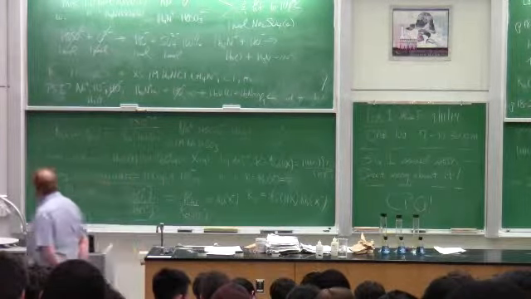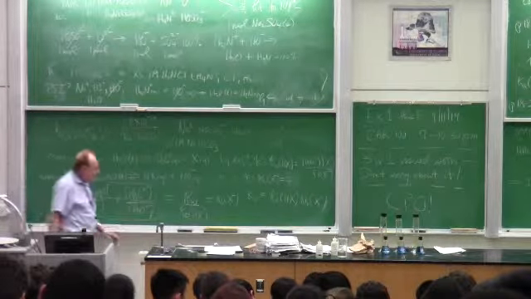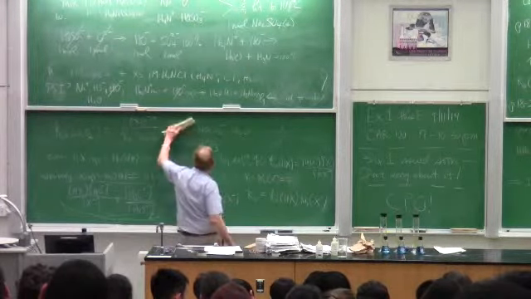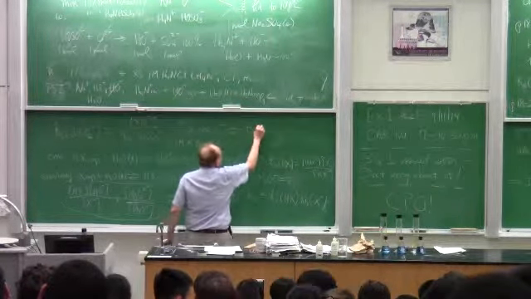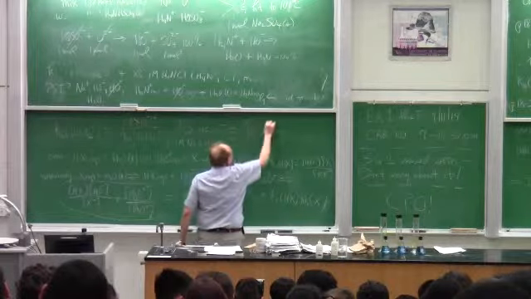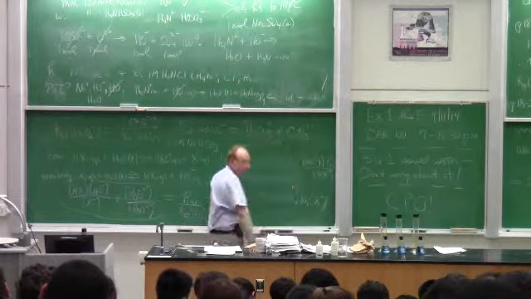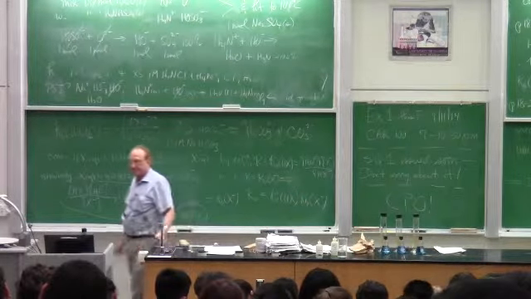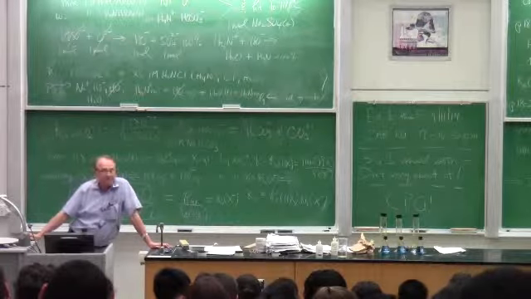So the principal Bronsted-Lowry acid-base equilibrium in this hydrogen carbonate solution is in fact this. And that presents a problem if you want to calculate pH.